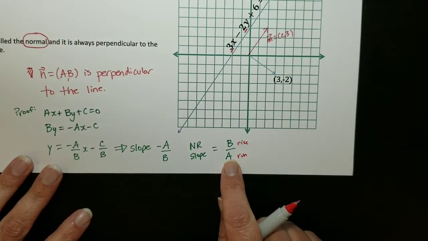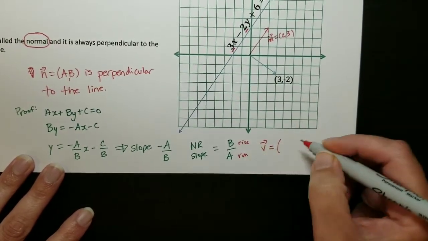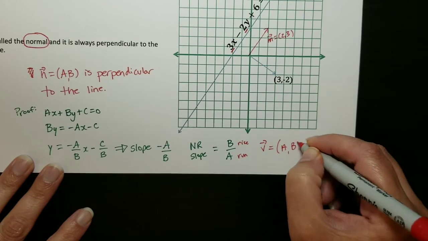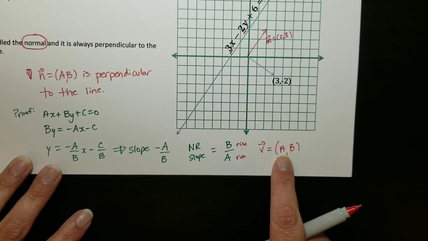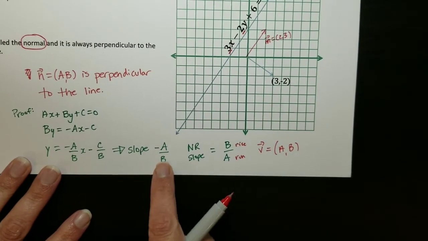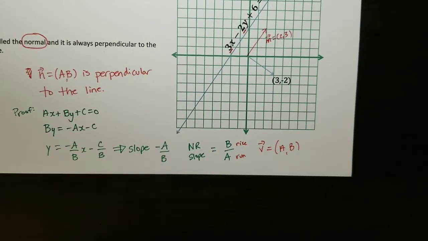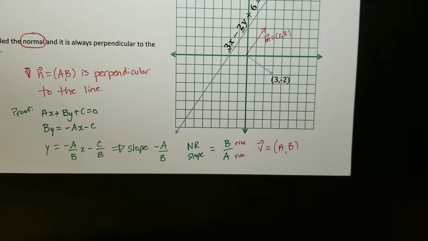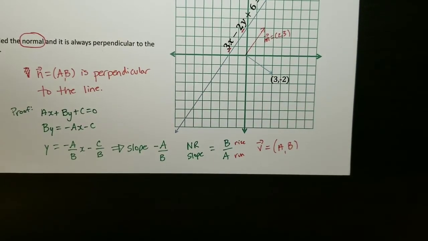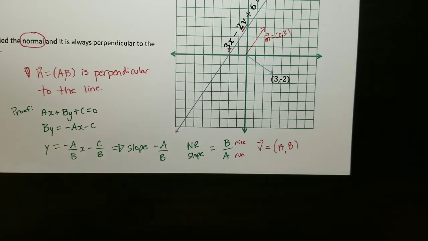And a run of a, that would be vector a, b. So the run is the x component and the rise is the y component. So just looking at the negative reciprocal slopes, which you would have done in grade 9 and 10, we can see that this is always going to be the case. So that tends to be pretty important later on, especially in the end of this unit.